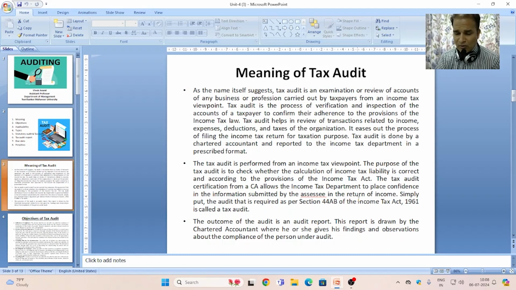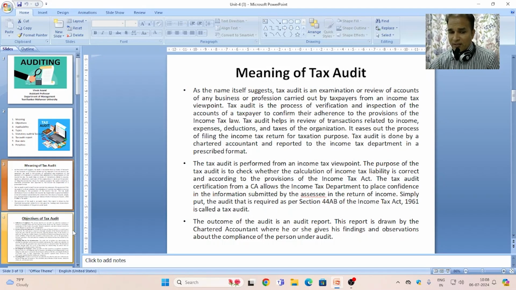And on the basis of tax audit, the SSC can file his income tax return properly and easily. So tax audit is all about checking the income, expenses, deductions, reliefs, rebates related to the particular taxpayer and ascertaining the proper tax liability.